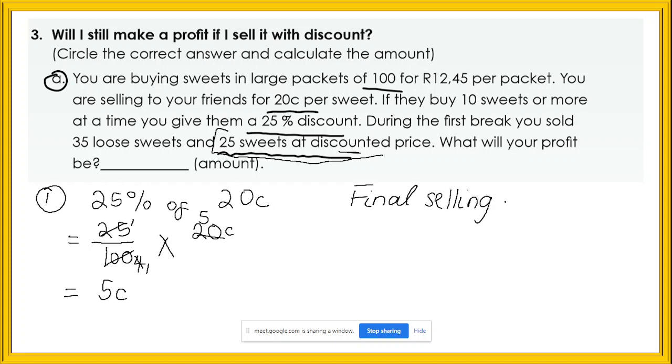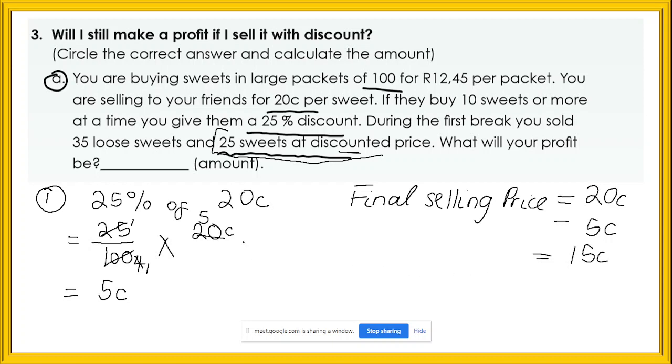I'm hearing 15. Okay, it is 15. It's just 20 cents minus the discount of 5 cents, which is 15 cents.